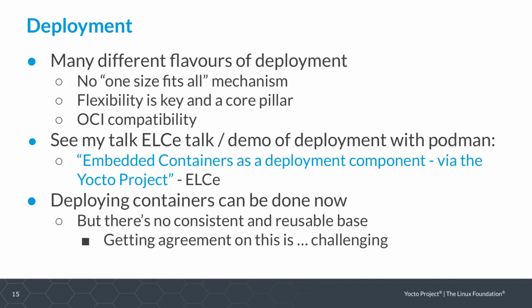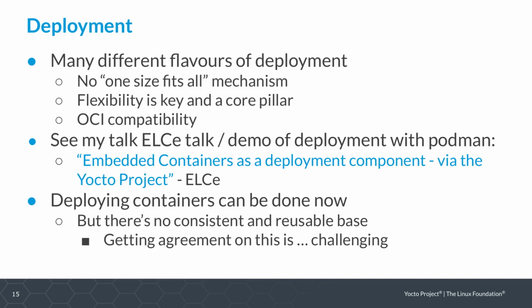So I'm now going to talk a little bit about container deployment. This goes back to my very first point, that the deployment of embedded containers is not always easy or obvious. There are many different flavors of deployment, and really no one-size-fits-all mechanism. Being able to support all the different ways people may want to deploy a container is important for flexibility.